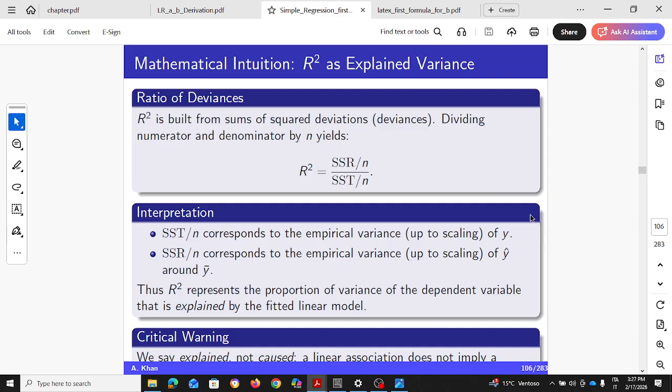Now a crucial point here is that this r squared is not caused by something, it is just a kind of association. A classical example: ice cream sold and people drowned in the ocean.